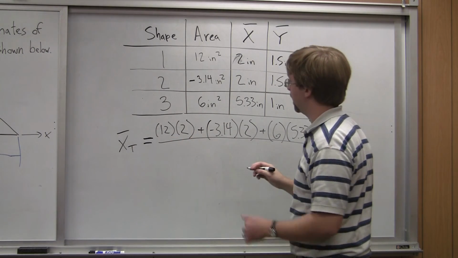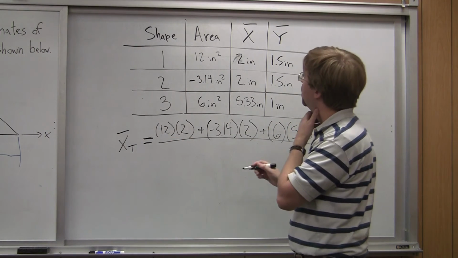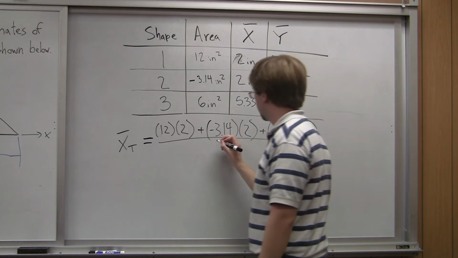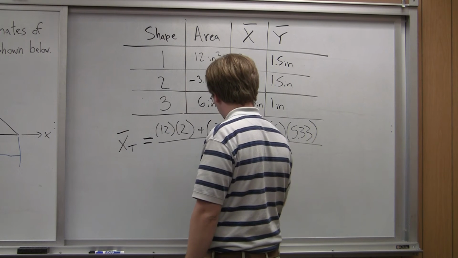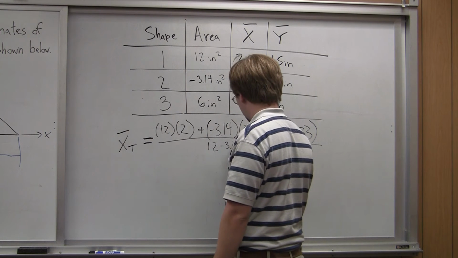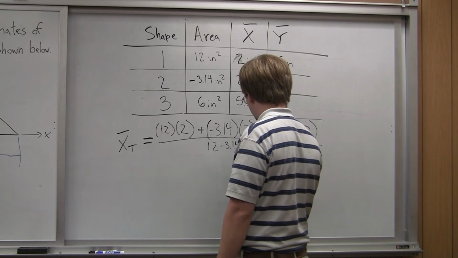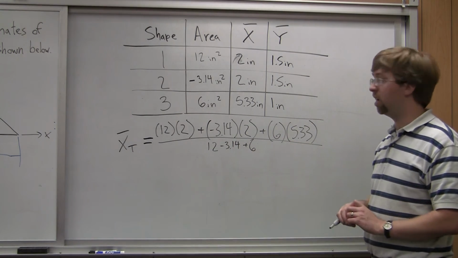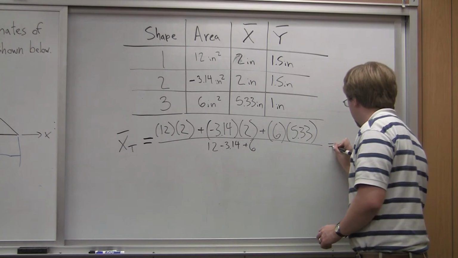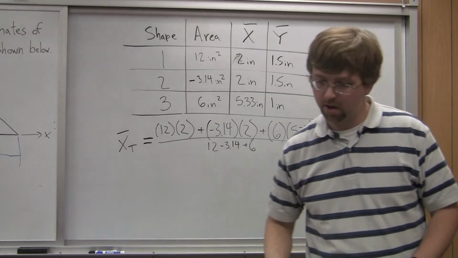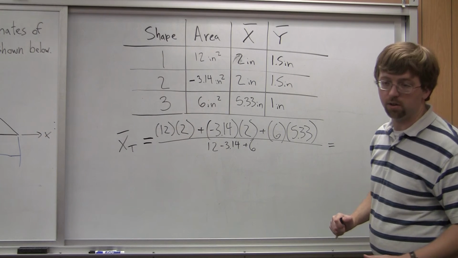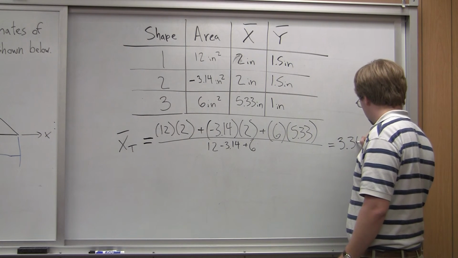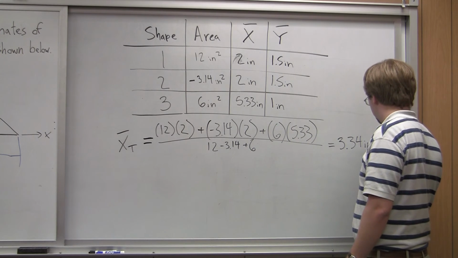And divide that whole thing by the overall area, so 12 minus 3.14 plus 6. Alright, now I've got all the numbers plugged in, and if I solve this equation, I should end up with a value of 3.34 inches.